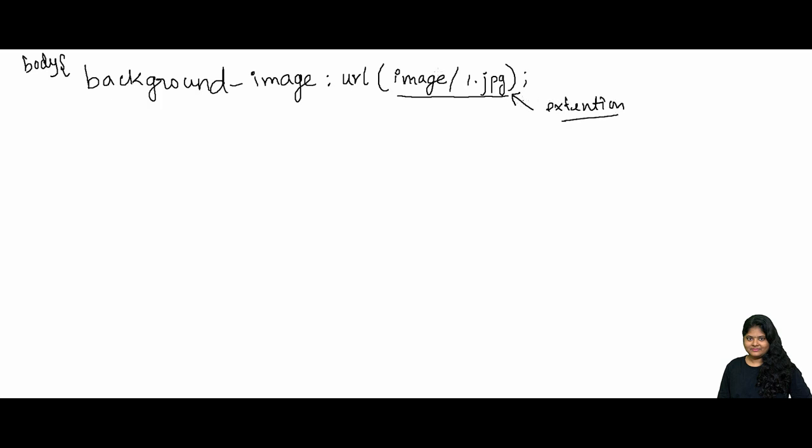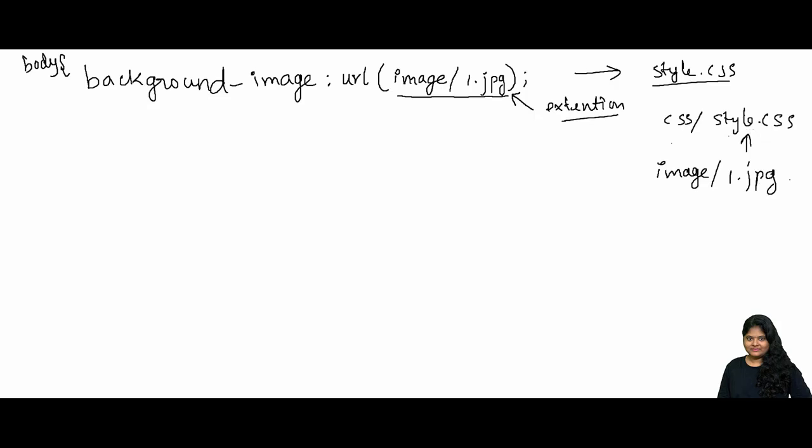We may make some mistakes in linking the image to the style, because we are writing these styles in style.css, which is inside the CSS folder, as per our example in previous classes. So from this page you have to traverse outside to reach the image folder, image/one.jpg.